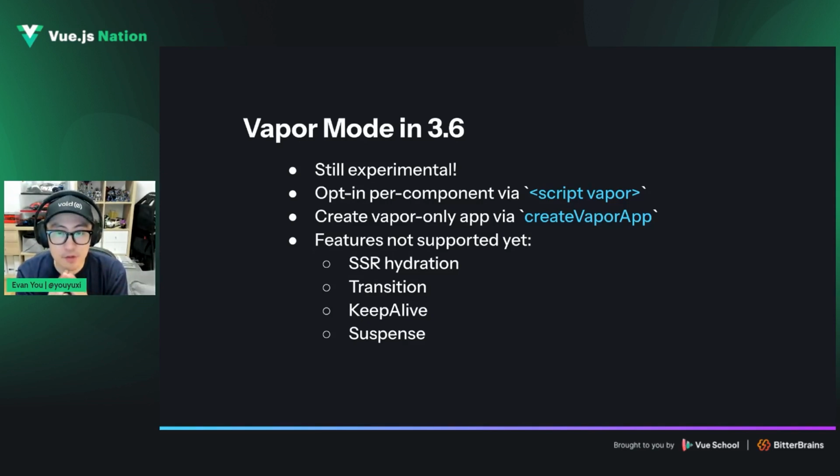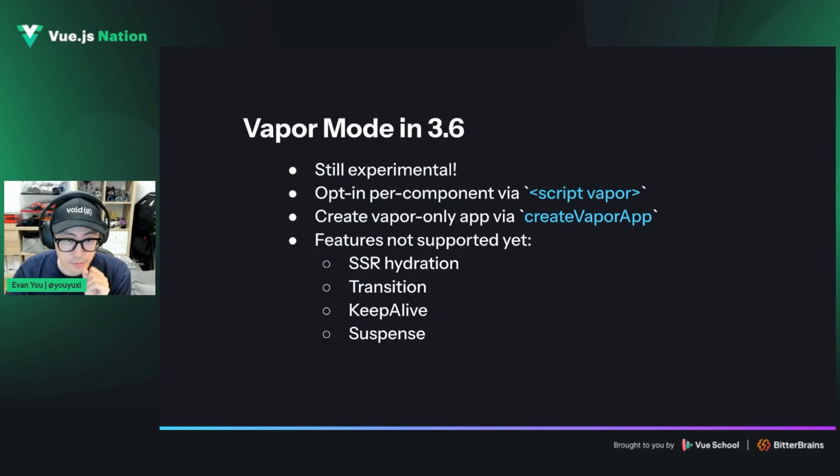To clarify, if you have a virtual DOM-based app today and you opt into Vapor mode, the total bundle size will get slightly bigger because you're pulling in additional Vapor runtime code. But due to the refactor we did, Vapor is able to reuse a lot of logic with runtime core. So the size increase will be very negligible, probably around something like 3 to 4 kilobytes.